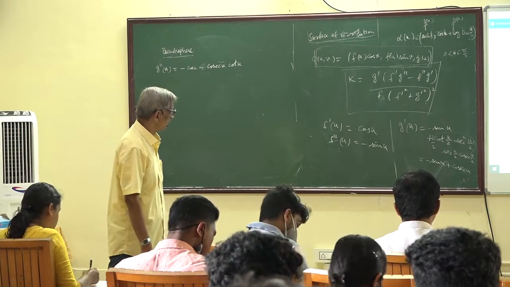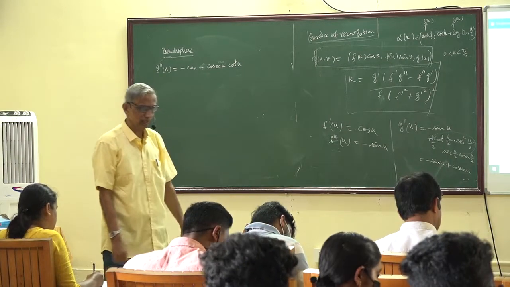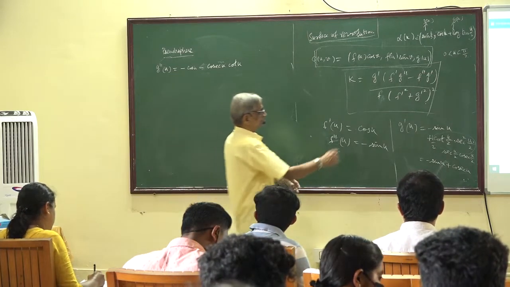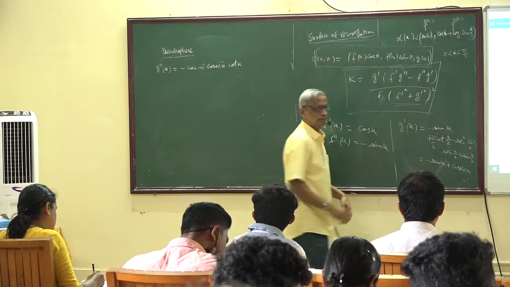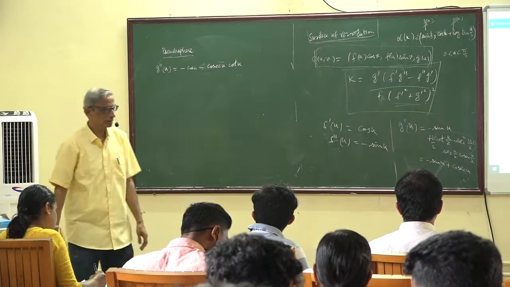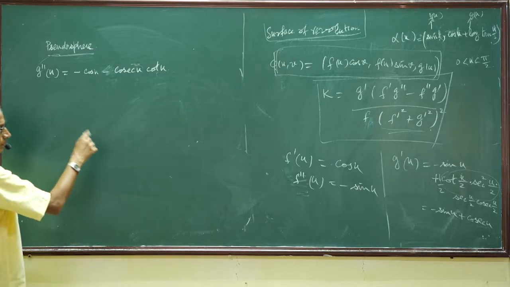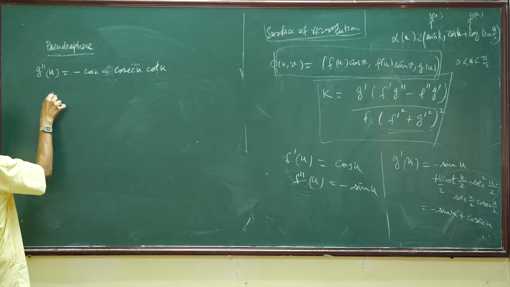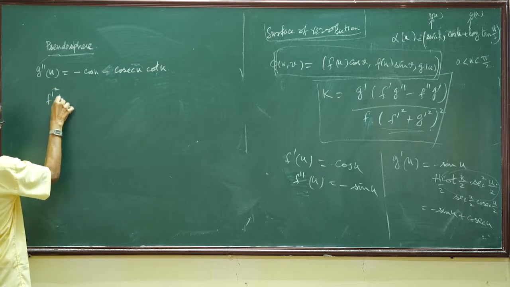F dash square plus g dash square, do you get something simple? One here. So we can do all the simplifications and then plug in, right? So what is f dash square plus g dash square?